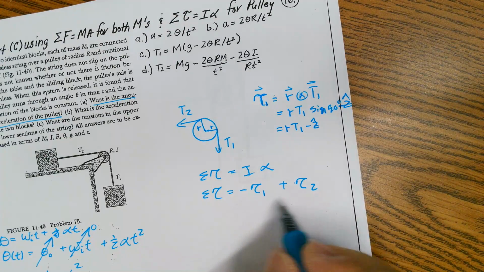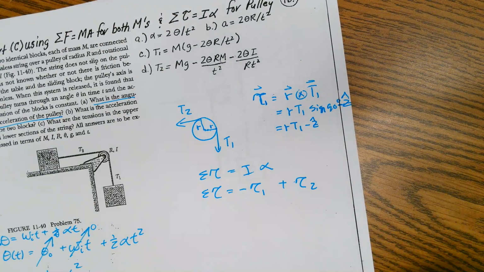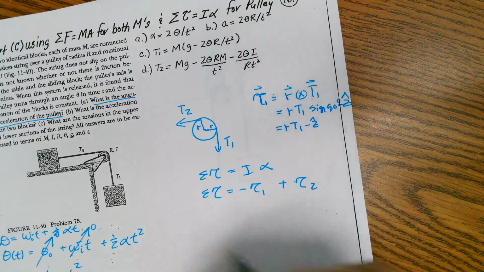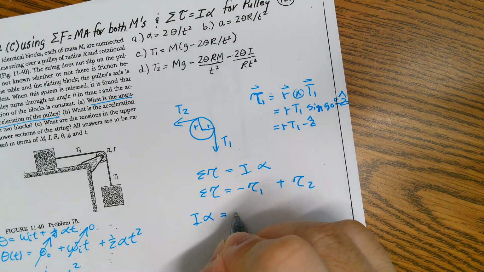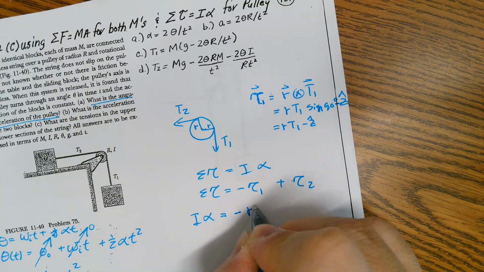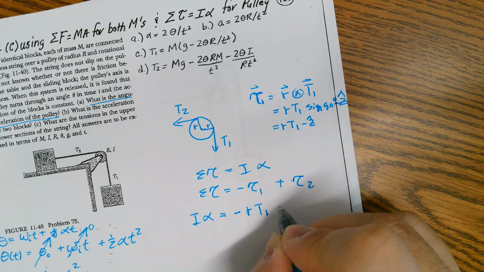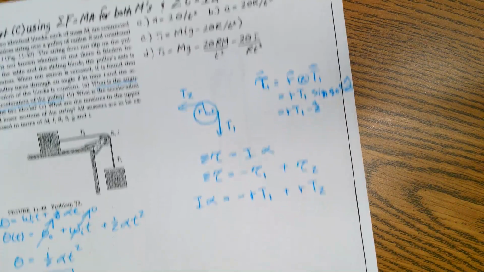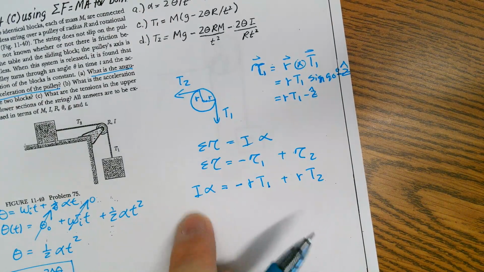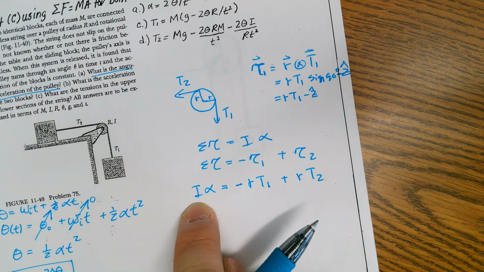And then for torque 2, same thing, but it's just positive Z hat. So I alpha is equal to negative RT1 plus RT2. Well, what's my moment of inertia?